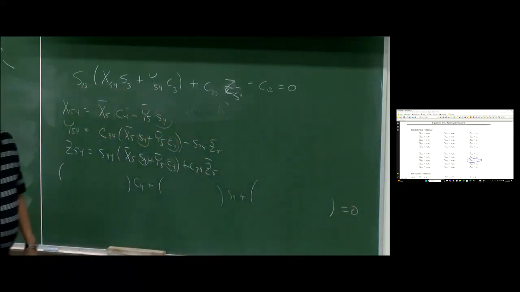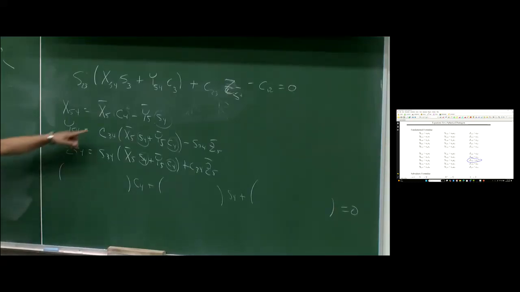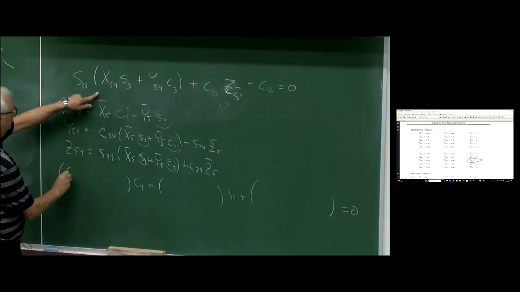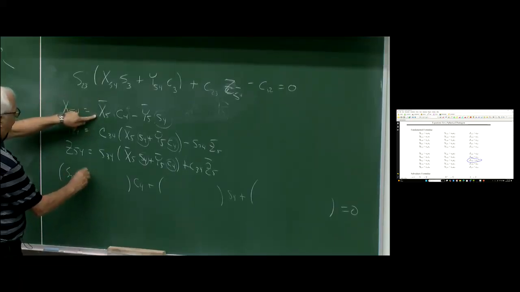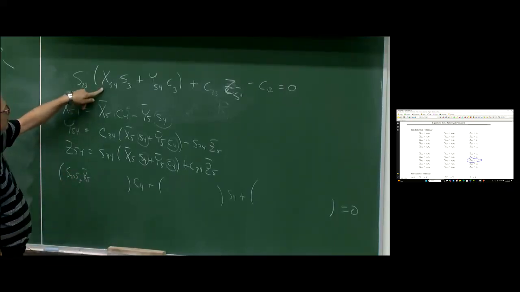So it doesn't look like it at first, but it's going to go into that format of A times cosine 4 plus B times sine 4 plus D equals 0. It's just, holy cow, what's got a C4 in it? Well, it looks like there's an S23, S3, X5 bar. Okay.